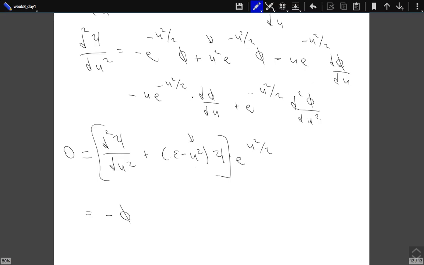Now the third term, I have two of them. They are the same. So it's minus 2u d phi by du plus d squared phi by du squared plus epsilon phi. This is what remains.